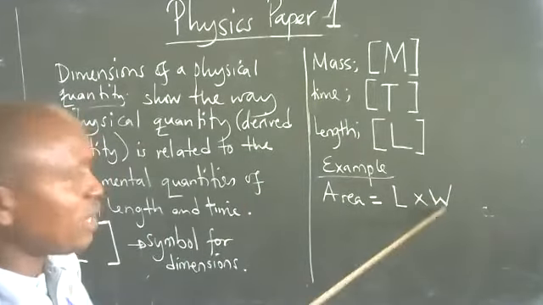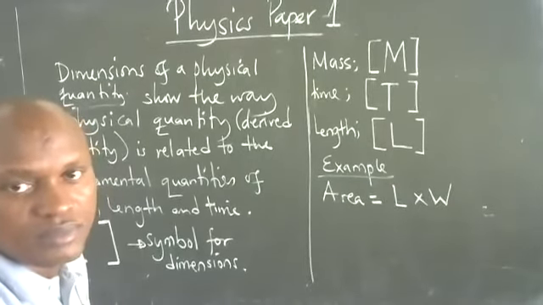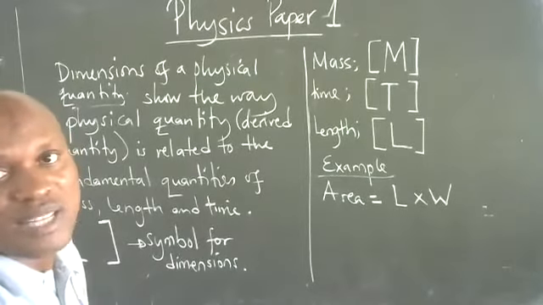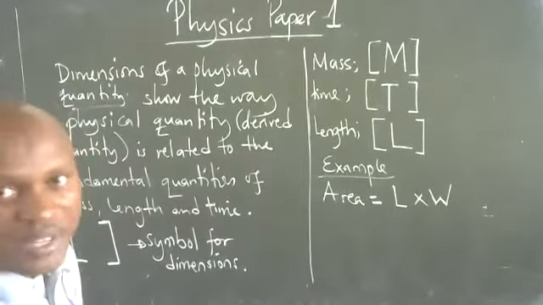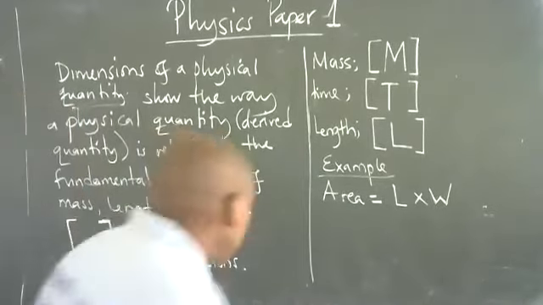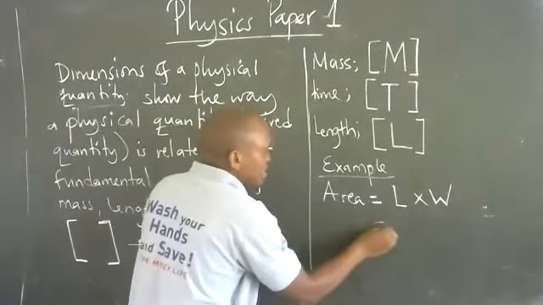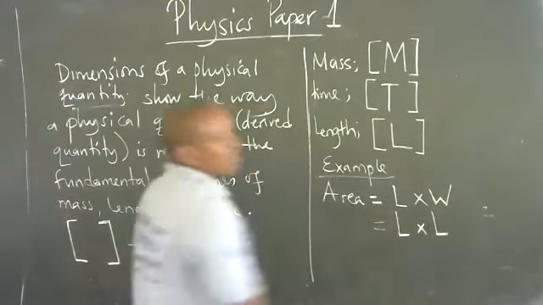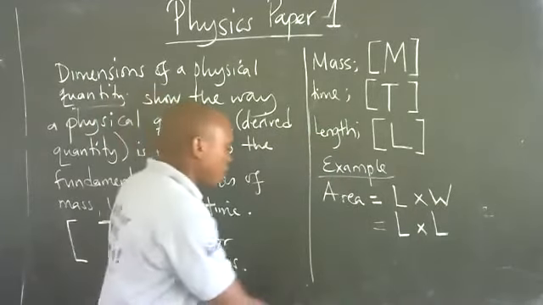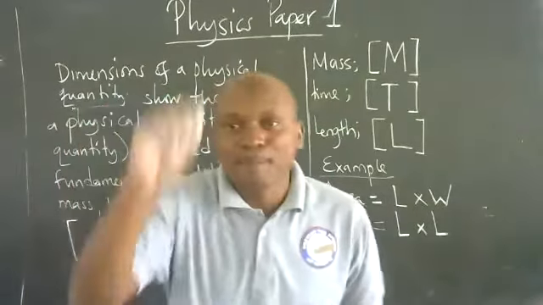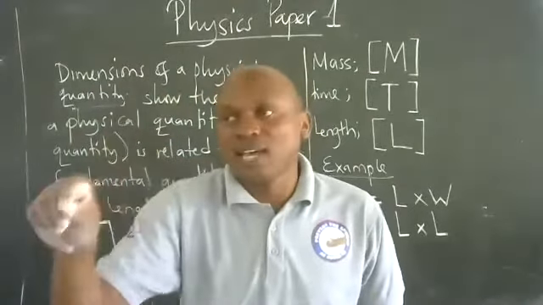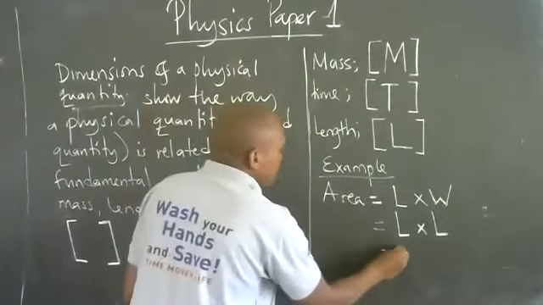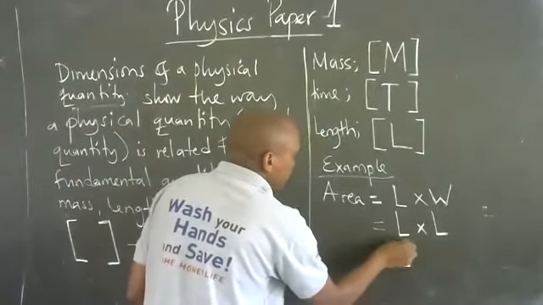L. Width is going to be the same as length, because width also has units of length. So I will write this as length times length. You can even see from the units, meters squared is the same as L times L. So this one is the same as L squared.